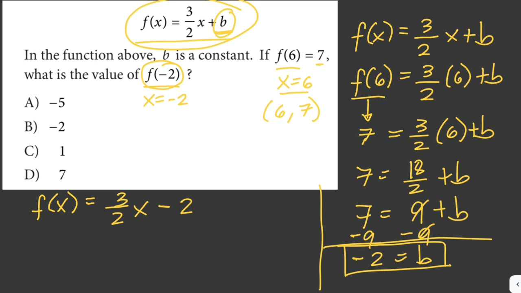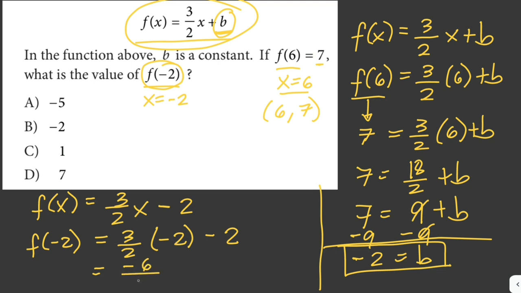And now we can solve for the value of f of negative 2. So f of negative 2 is just equal to 3/2 times negative 2 minus 2, equals 3 times negative 2 is negative 6, divided by 2, minus 2.